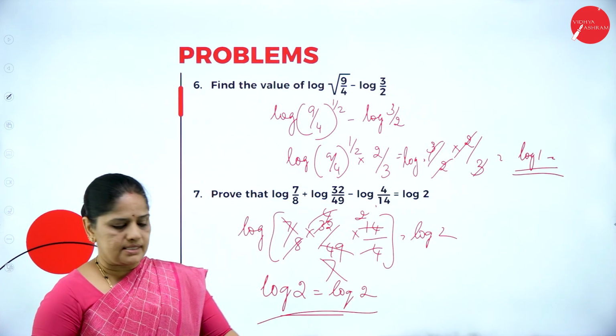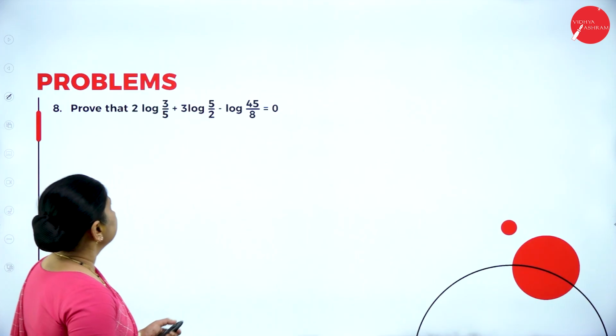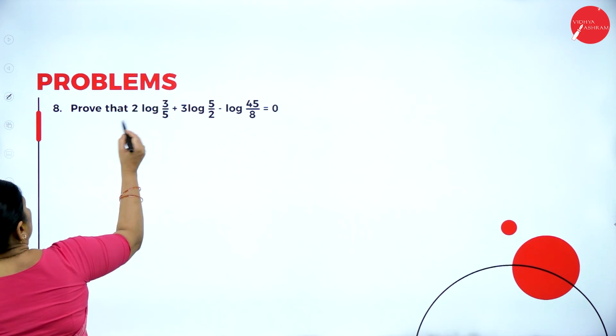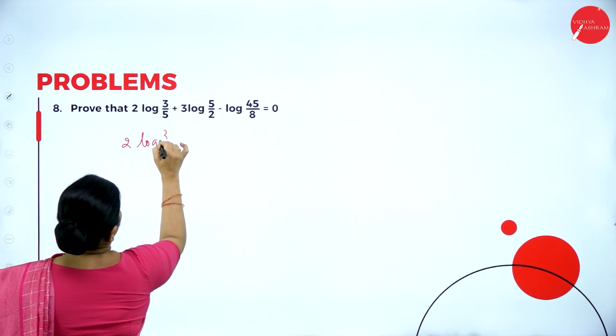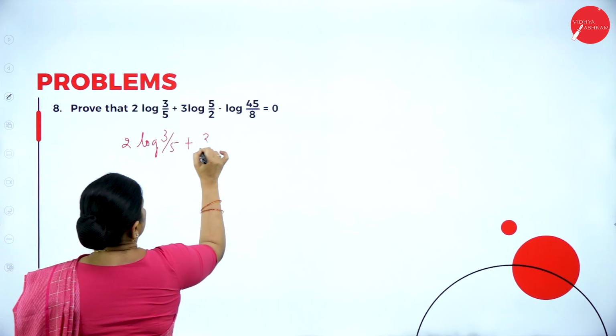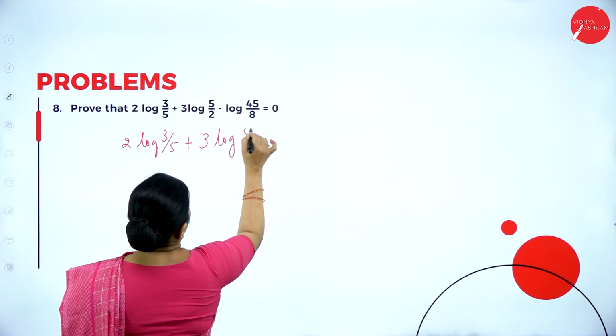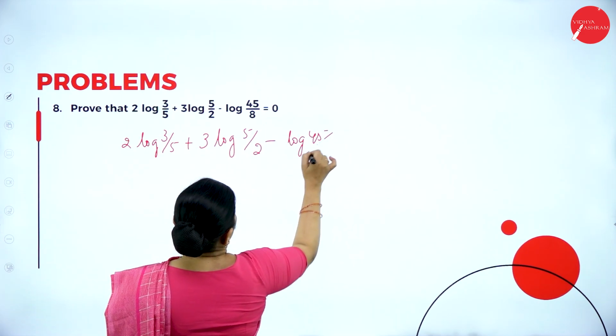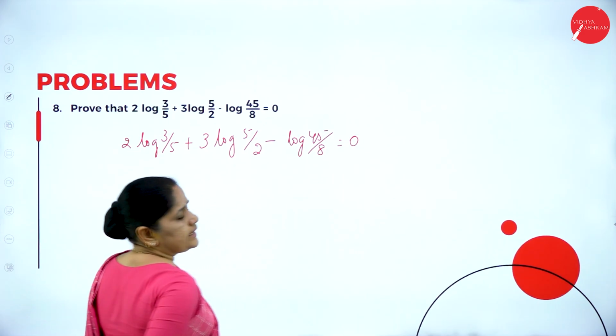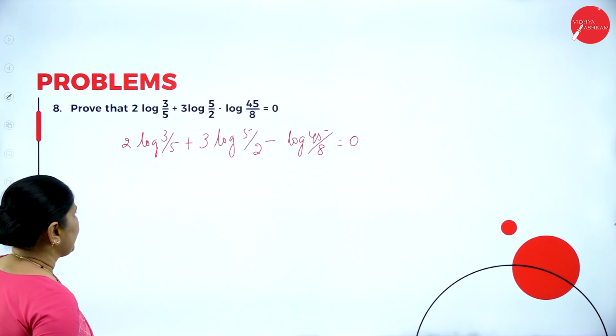That is the answer. The next one, prove that 2 log 3 by 5 plus 3 log 5 by 2 minus log 45 by 8 equals 0.